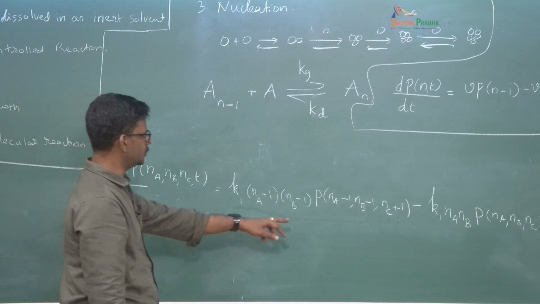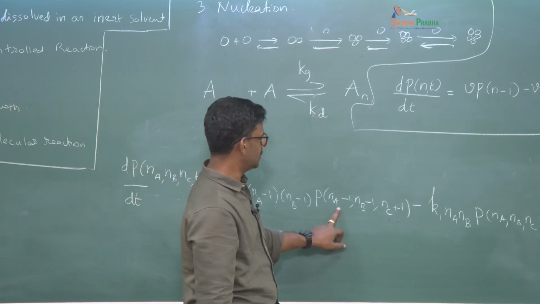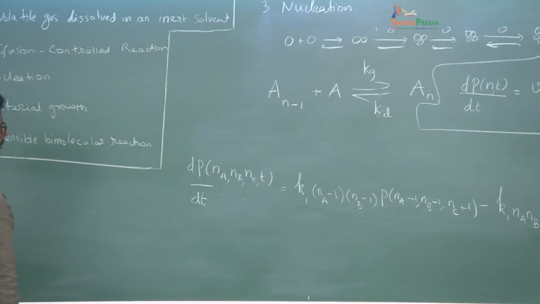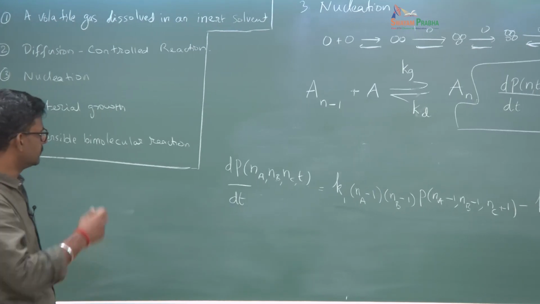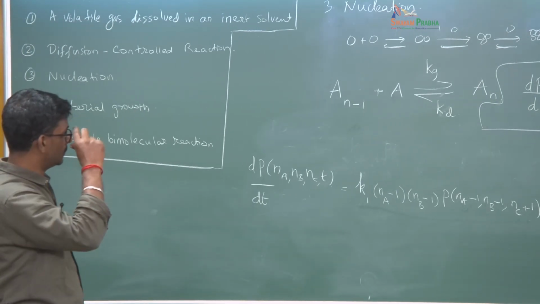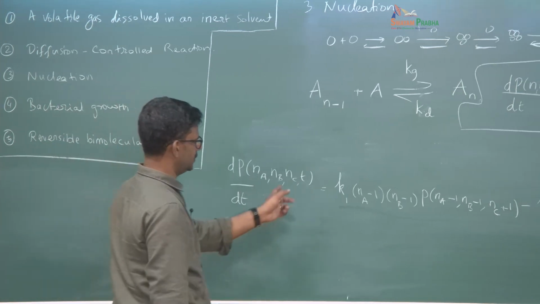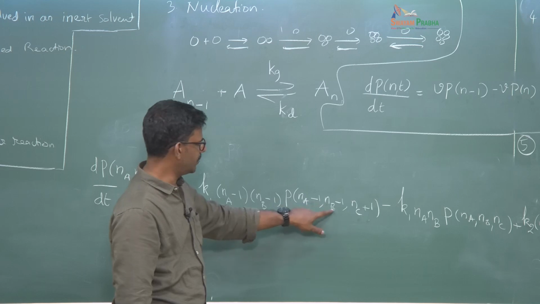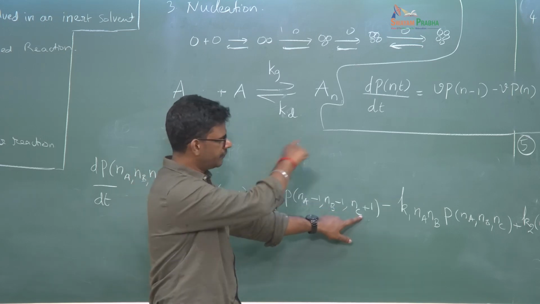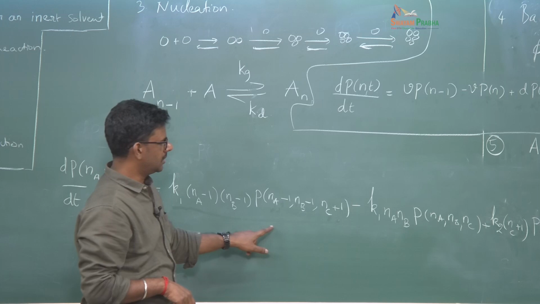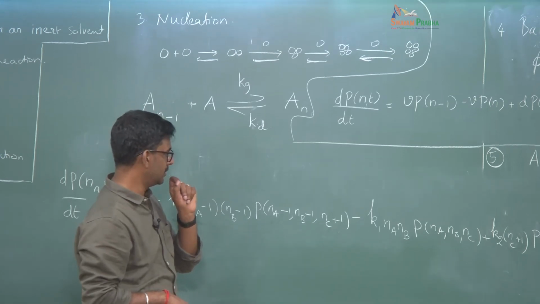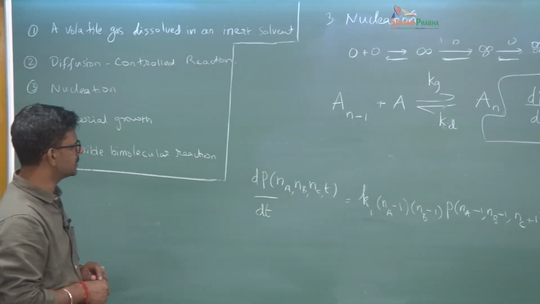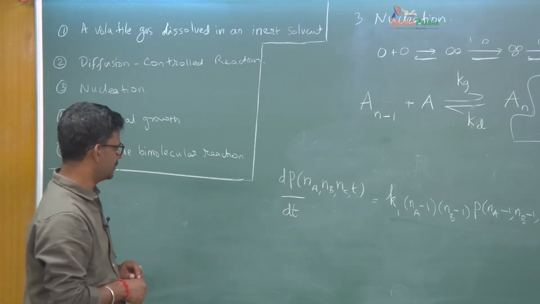Because this forward reaction should take you... this is the forward reaction, right? So right now I am at Na minus 1, Nb minus 1, Nc plus 1. If the forward reaction happens, oh okay, it should be plus 1, right? Yeah, it should be plus 1.